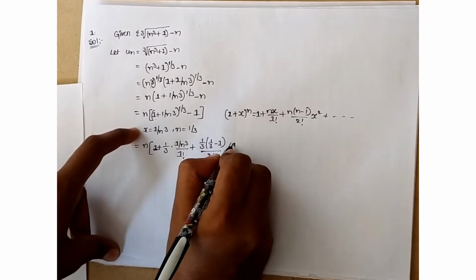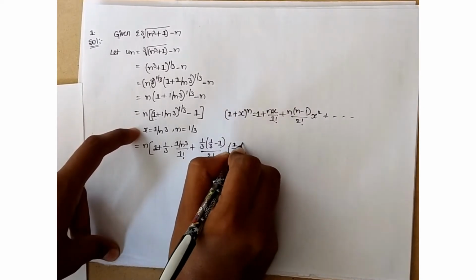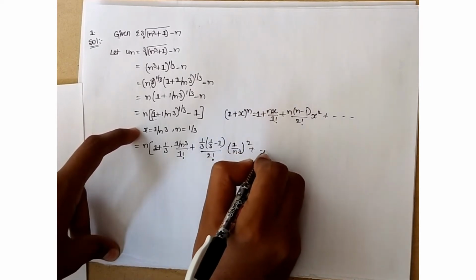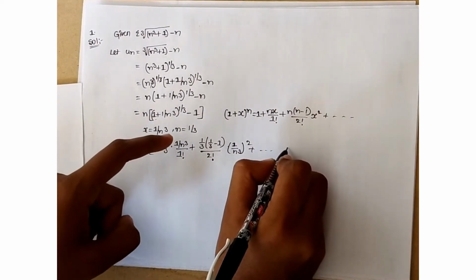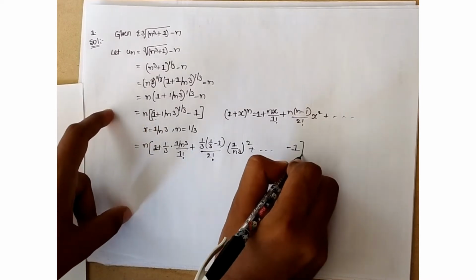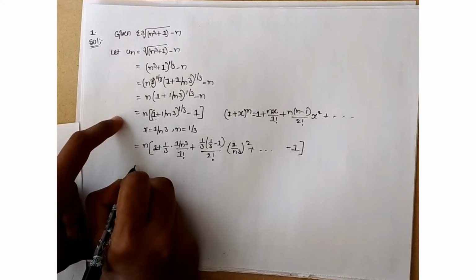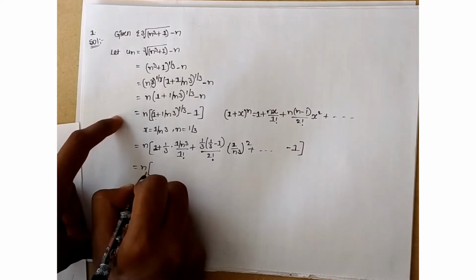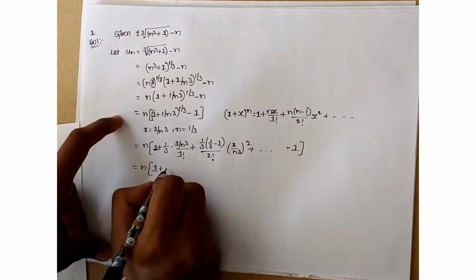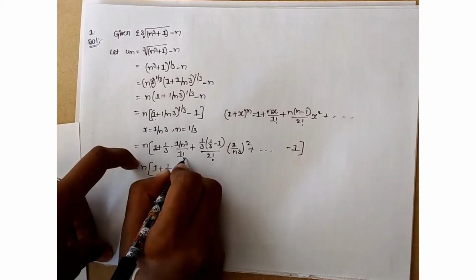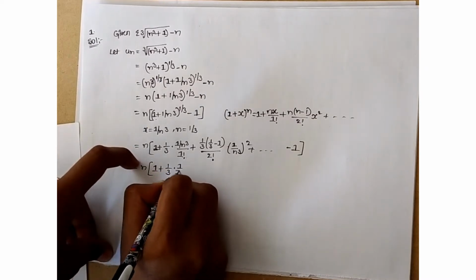Here x square is 1 by n cube whole square, plus and so on). Here minus 1 is there. Then n into 1 by 3, 1 factorial means 1, so 1 by n cube is here.